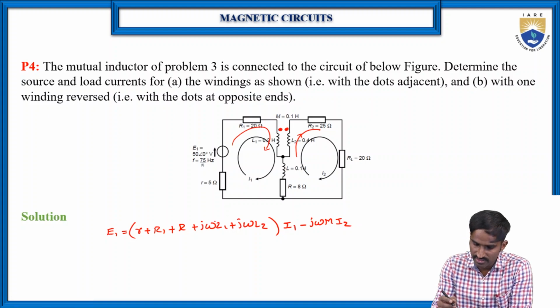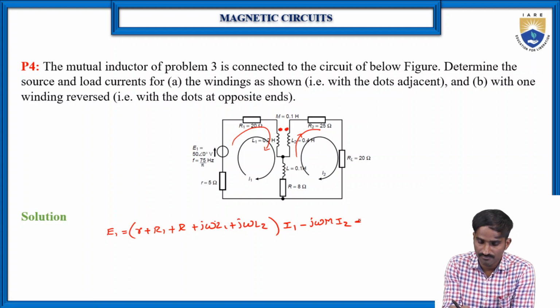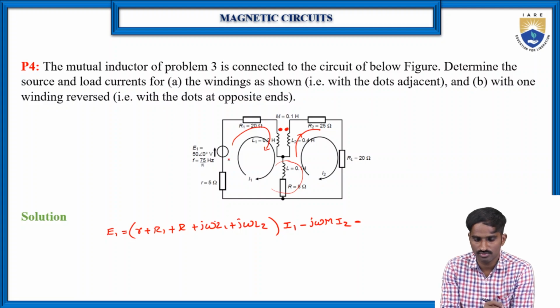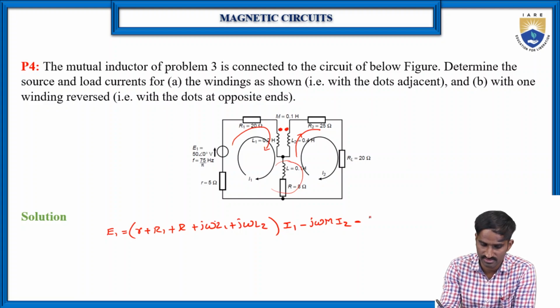And another one, because in this circuit also the current I2 will flow, right? So that's why minus I2 into R plus j omega L.